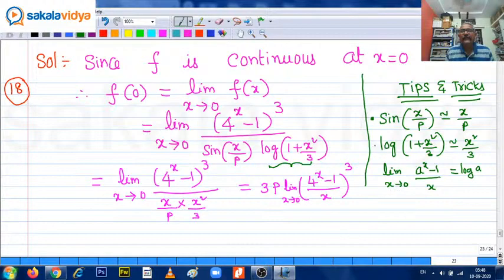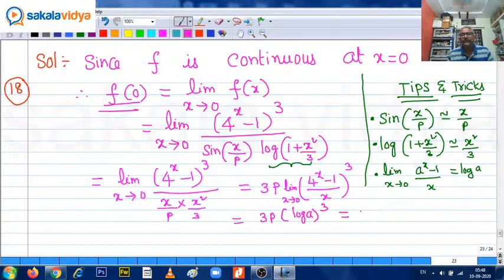This is the first fact, and the second is the formula. Using these three concepts we can solve this problem very easily. Now we can write this as 3p times, instead of 4 power x minus 1 by x, log 4 whole cube. But according to the problem, f of 0 is given. What is f of 0?